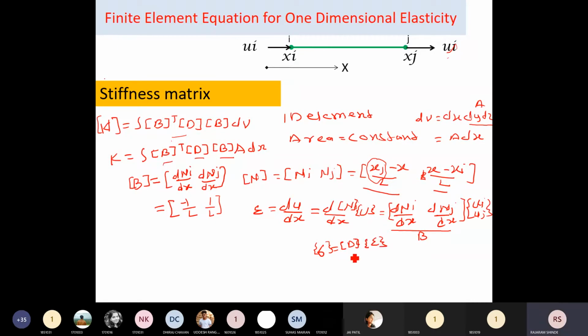For the one dimensional case, there is only one term in the stress, and D matrix is modulus of elasticity, and this is epsilon, only one term. Therefore your D matrix is E.